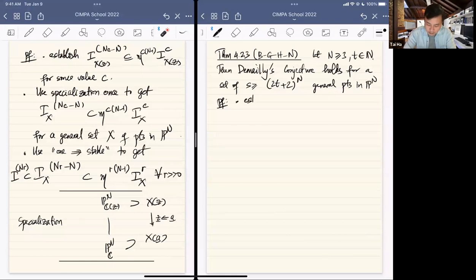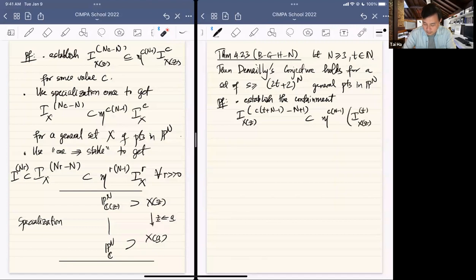So we have to establish the containment, maybe I'll write it out right here: I(X)^(ct+n-1)-(n+1) contained in m^(c(n-1)) I(X)^t to the power c, for some value c. And then we use specializations.